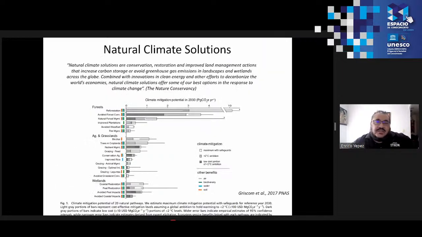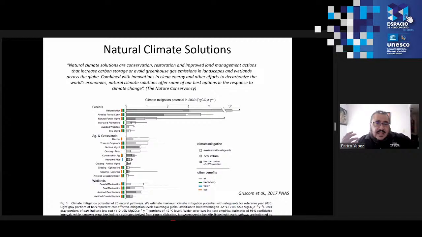These natural climate solutions, as you know, are strategies to preserve, restore, or improve the way that ecosystems are right now. We know that these ecosystems are connected through the biogeochemical cycles to the whole biosphere, or the whole Earth system. As such, their dynamics, their function, and the exchange of water, carbon, and other nutrients have an imprint on what's happening in the planet.